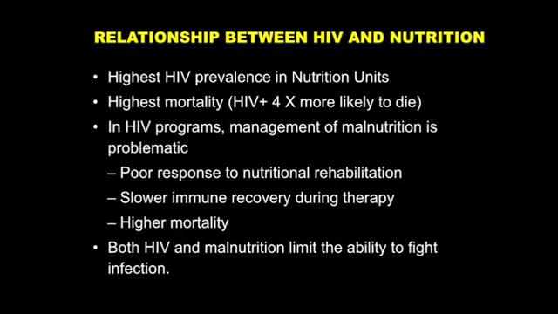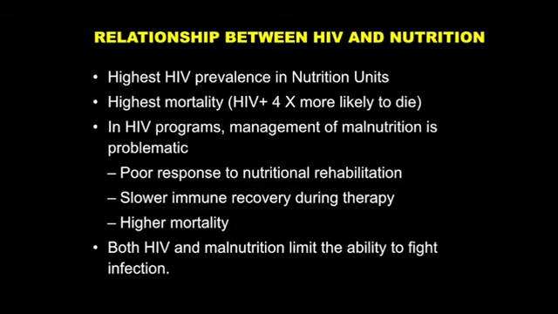So there is a lot of HIV in the nutrition units. And in the nutrition units, children who have HIV are more likely to die. Like a study I was involved in, we found children who are HIV positive were 4 times more likely to die than the ones who are HIV negative or uninfected.